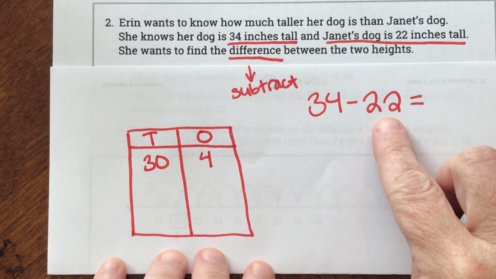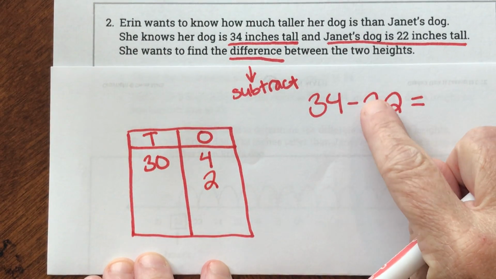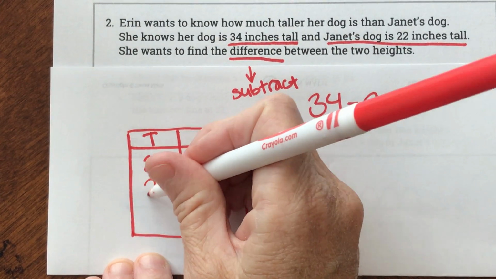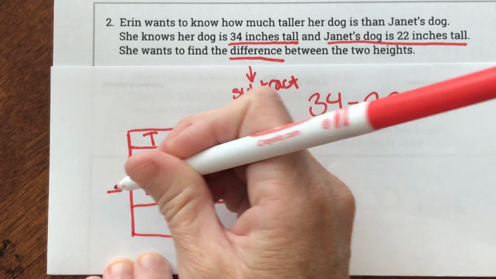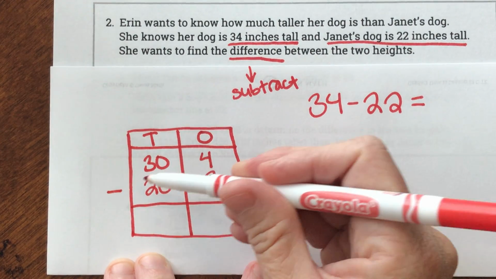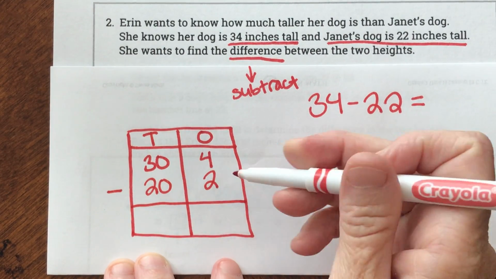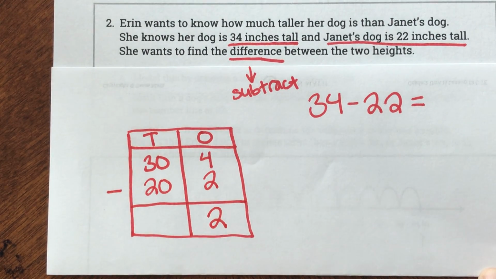And what am I going to be subtracting? 2 ones and 2 tens, which is 20. So I'm going to be subtracting those. So if I have 4 ones take away 2 ones, I'm left with 2 ones.